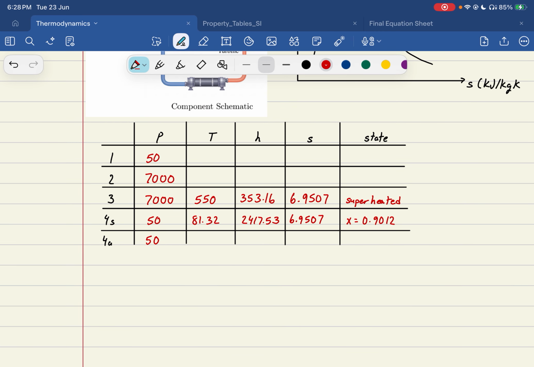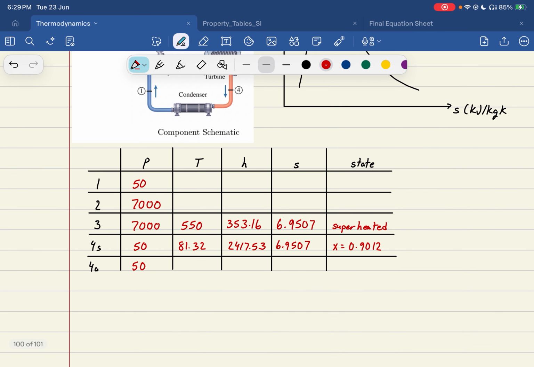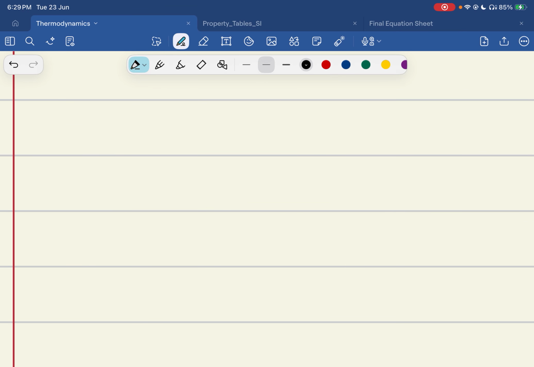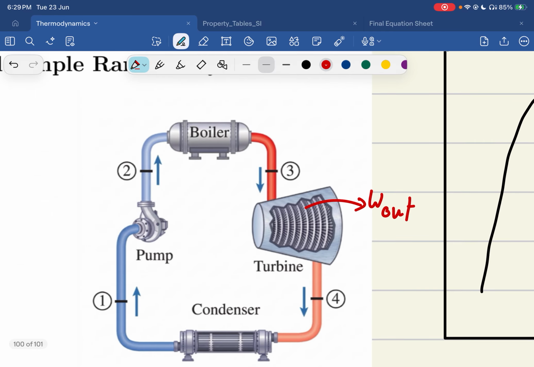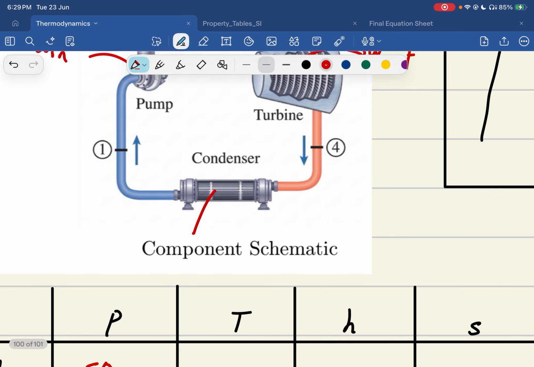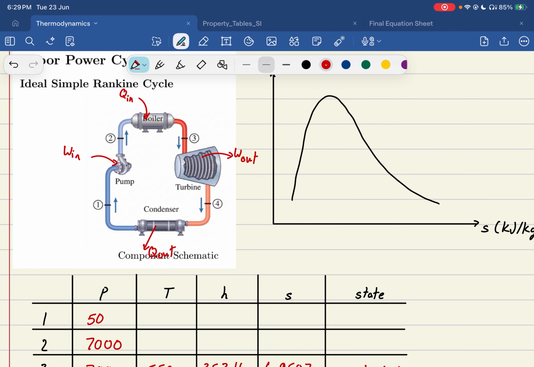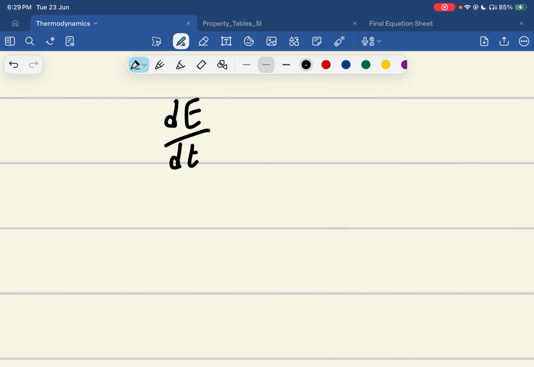Okay, perfect. So now this is when we utilize the isentropic efficiency. So from our energy balance, we know that the turbine produces work out. Okay, so this is work out, and then this is Q in. This is a boiler, and then this is work in, and this is Q out. Okay, so from our energy balance, this is for the turbine.